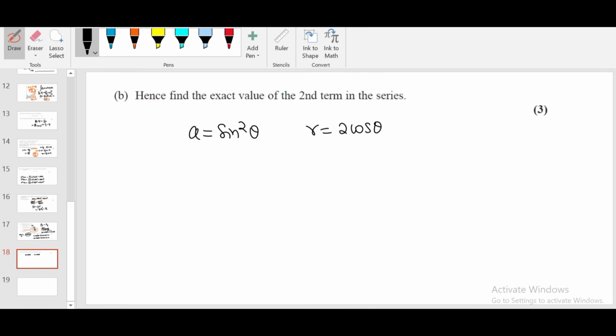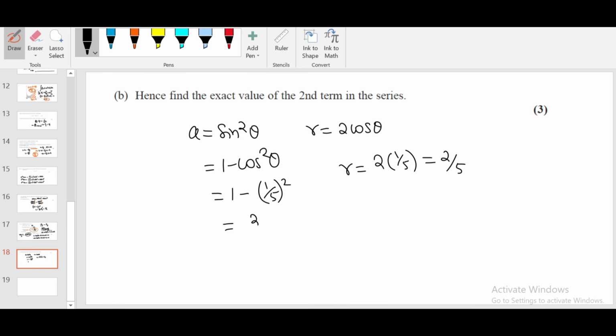We know cos theta, we need sine theta, right? Use this identity. Sine squared is, probably I can sub it here straight up. Sine squared is 1 minus cos squared. Replace cos theta by 1 over 5. Find A, find r also. 2 times 1 over 5, 2 over 5. Here it's going to be 1 over 25, 25 minus 1, 24 over 25.